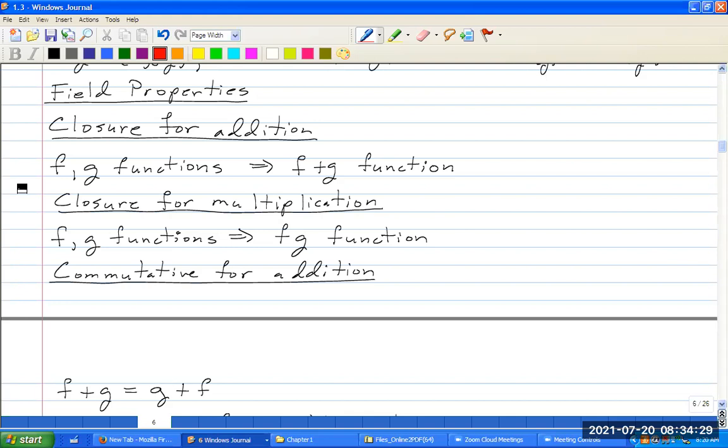If I defined f to the power n, which is f times f times f, n times, and I define the nth root of f, which is just the inverse function of this.